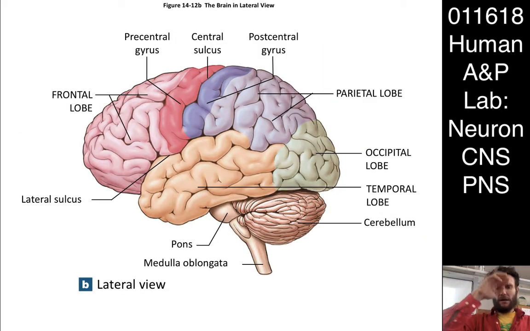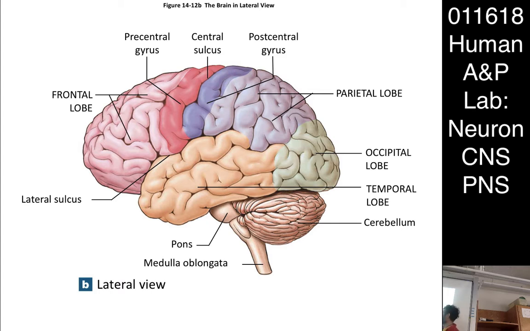Let's look at the cerebrum in a lateral view and see some of the regions. So it's broken up into lobes. There are 5 lobes. The lobes more or less are named in conjunction with the bones that lay on top of them.